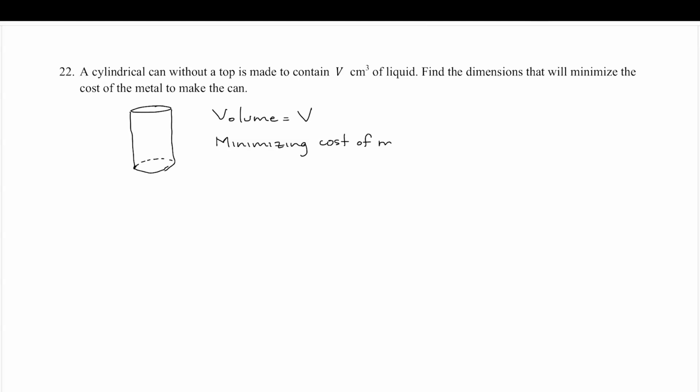But minimizing cost of metal is equivalent to minimizing surface area. In other words, if I make the surface area as small as it can be, then the cost of the metal to make the can is going to be as small as it can be.